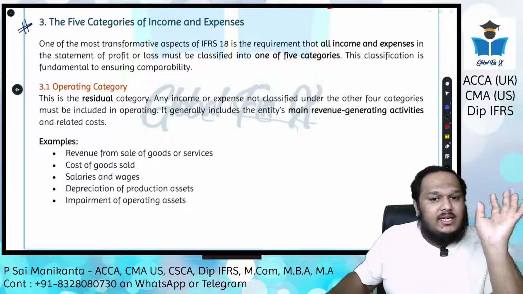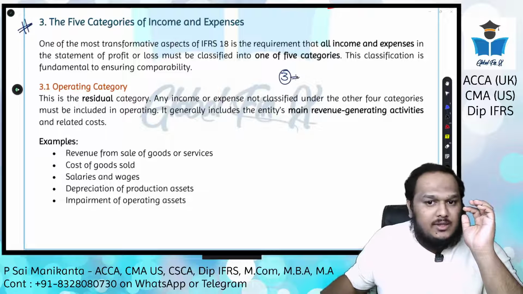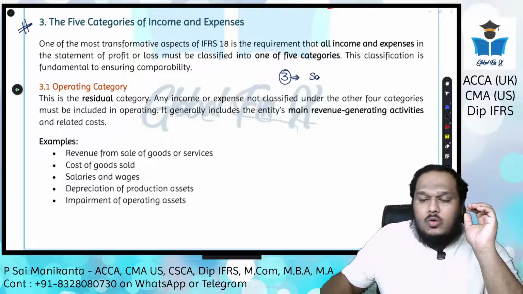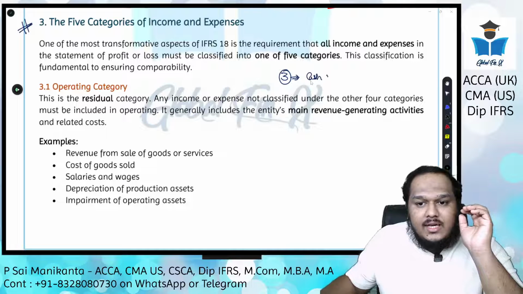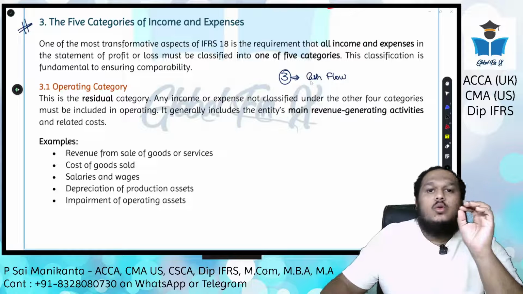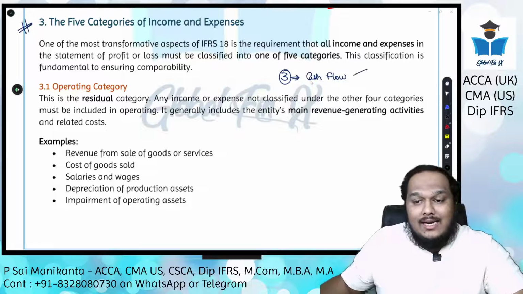The first three are basically the same which you have learned in your cash flow statement topic. Whatever the three categories are there in cash flows, the same three categories are now required in P&L as well. What are the three categories?